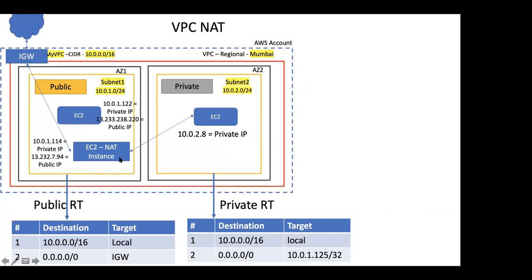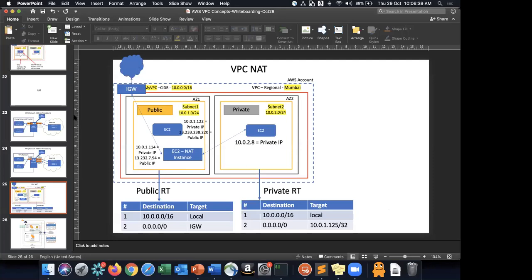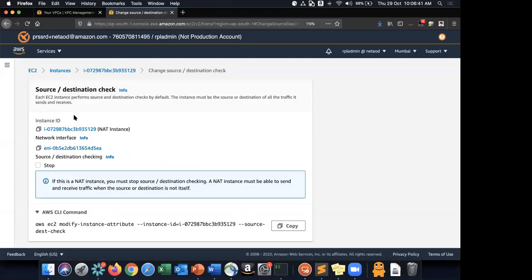That's why you have to disable the source destination checks on that particular EC2 instance, the NAT instance. If you see here, there's a small piece of information: if this is a NAT instance, you must stop source destination check. The NAT instance must be able to send and receive traffic when the source or destination is not itself, because it's only acting as a middleman.